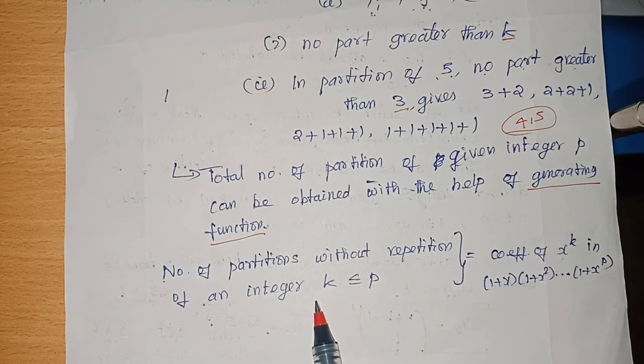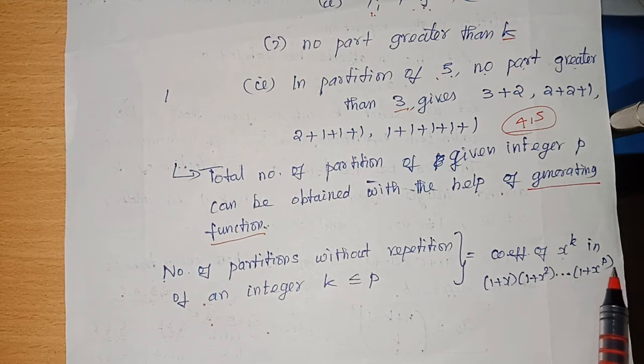The number of partitions without repetition of an integer k less than or equal to p is given by the coefficient of x to the power k in (1 plus x)(1 plus x squared) and so on up to (1 plus x to the power p).